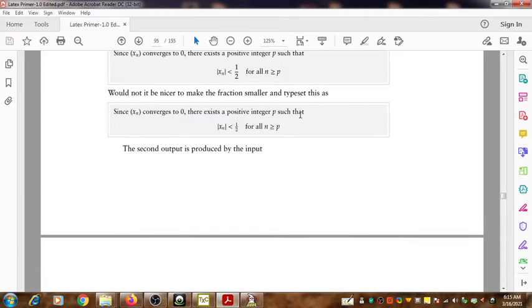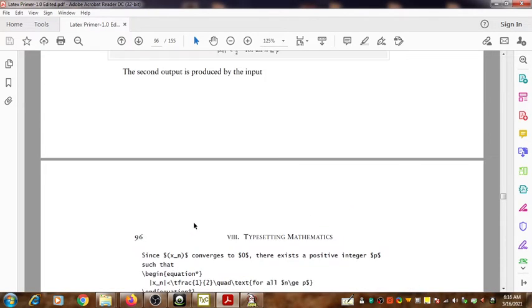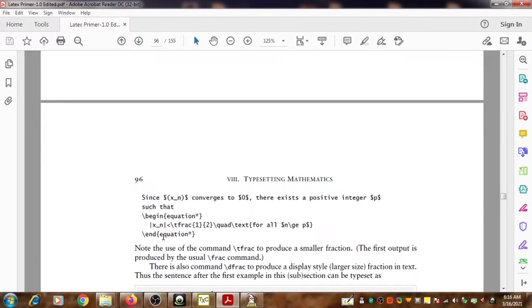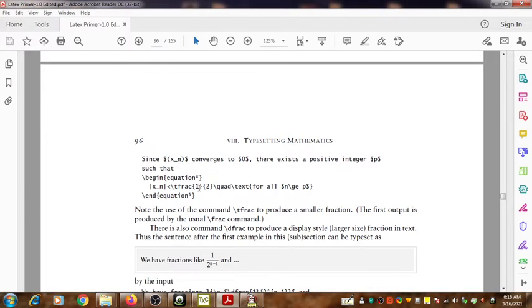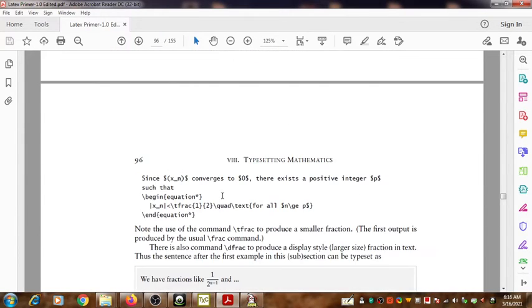After typing such that, you have this entire mathematical environment, slash begin equation star, then modulus xn, so for that a vertical line, then x underscore n, then vertical again, then less than, then slash tfrac, 1 in the first curly bracket, 2 in the second curly bracket, then slash quad is used to give a space.